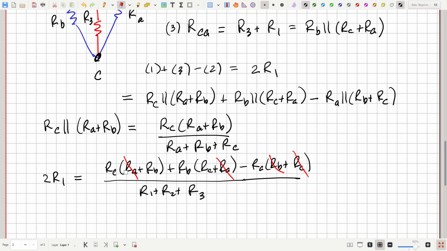We've got RC-RB, and here's RC-RB. So that'll be equal then to 2 RB-RC over RA plus RB plus RC.